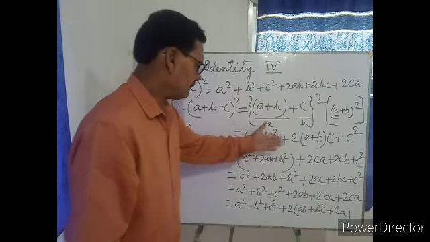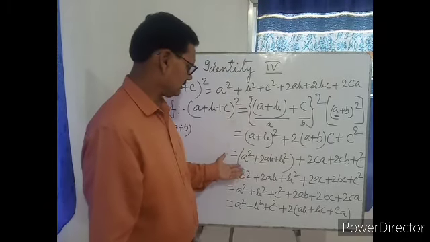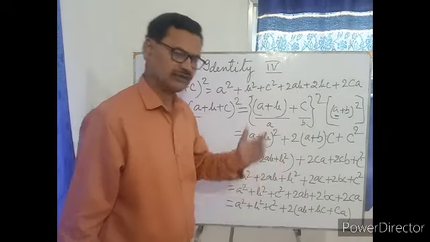Now just expand it. You know, (A plus B) whole square is A square plus 2AB plus B square.